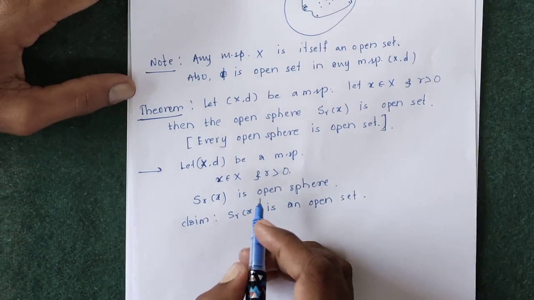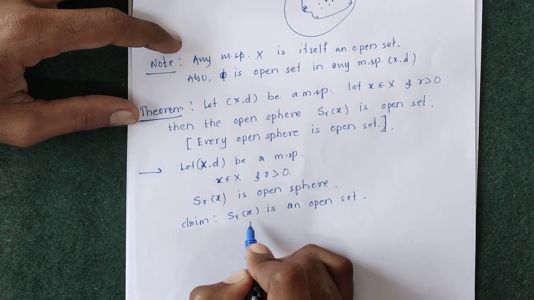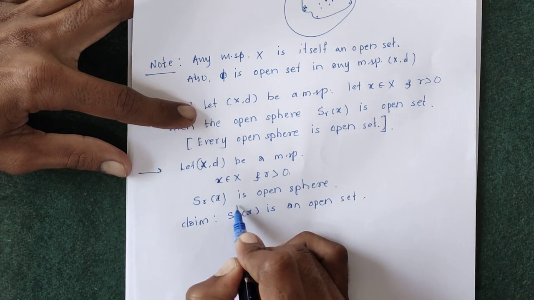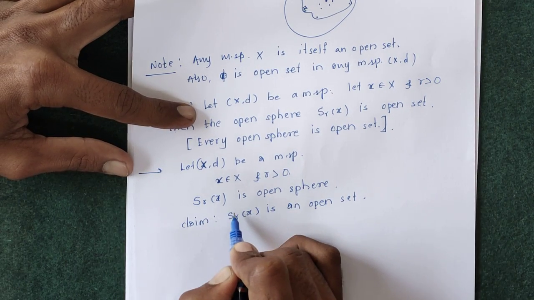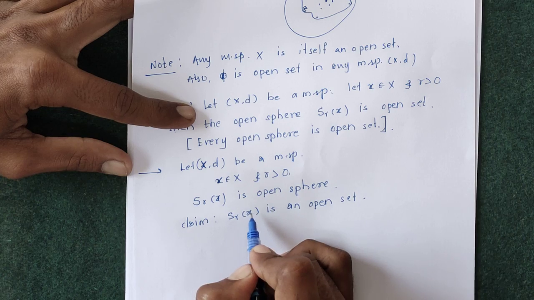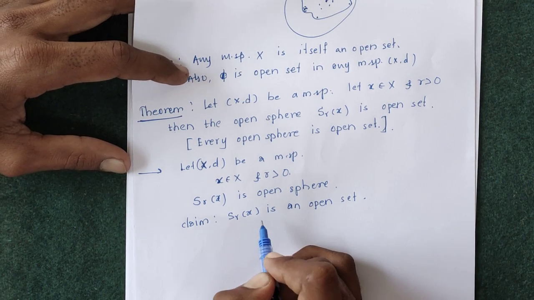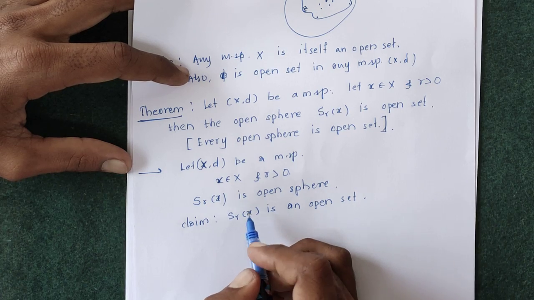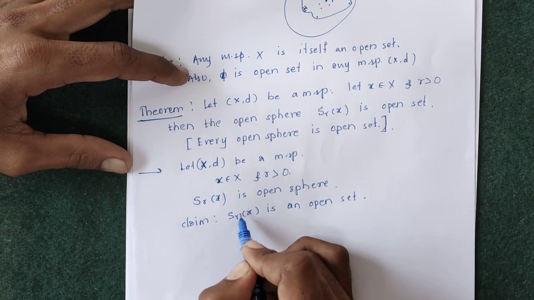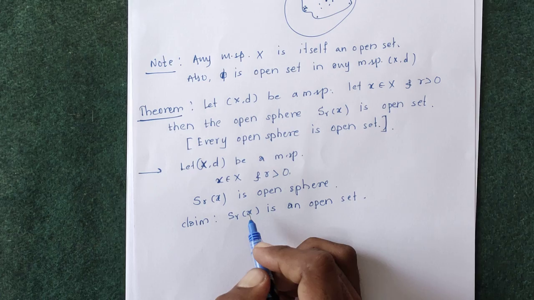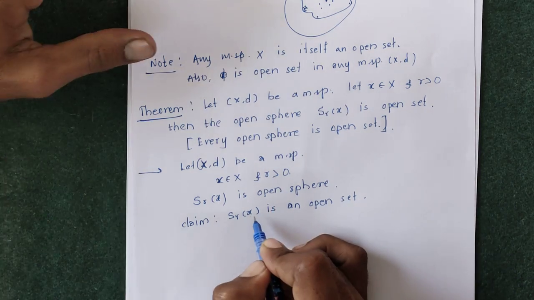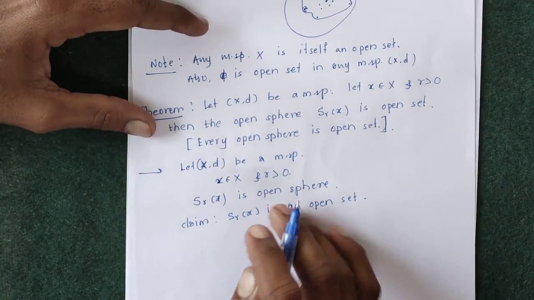So we have to prove that for each and every element of this open sphere, there must be some radius such that the open sphere centered at that point is contained in S_r(x).